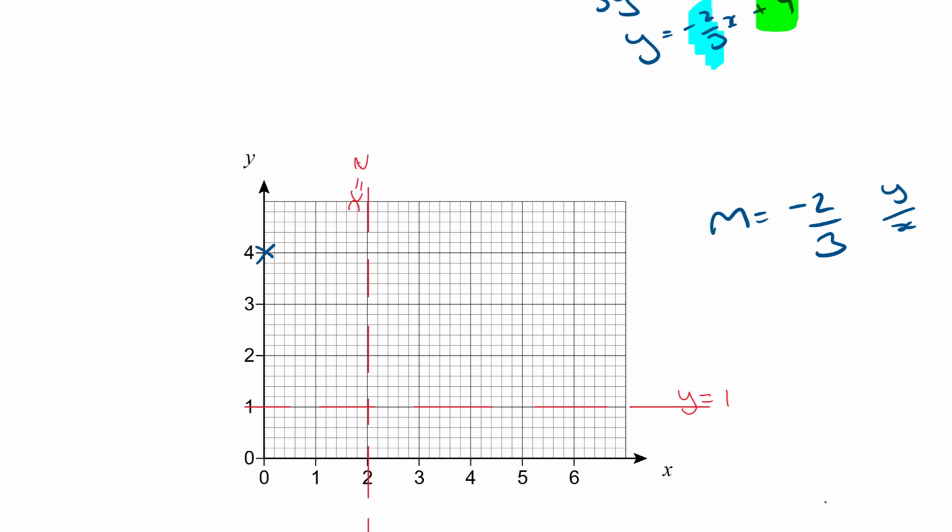So if I go 3 units across from that point 0, 4, and 2 units down, it's going to take me to that point. And if I go another 3 units across and another 2 units down, it's going to go through that point there. So that's what my line is going to look like.